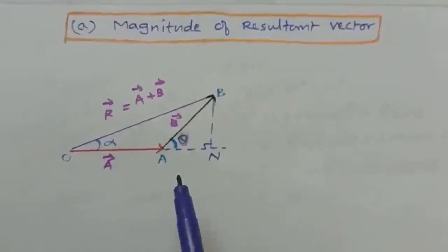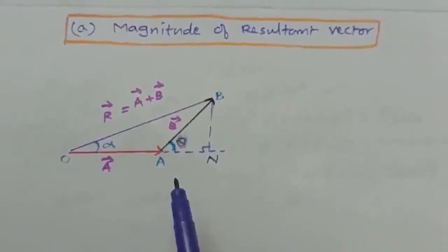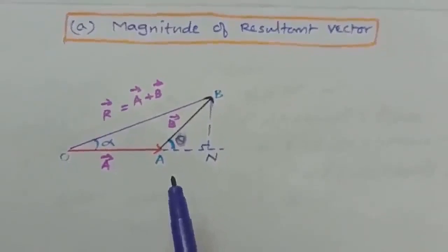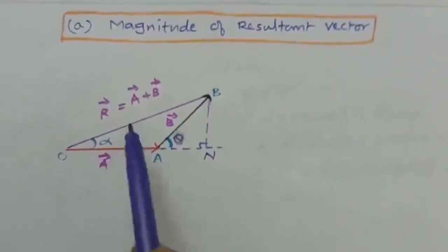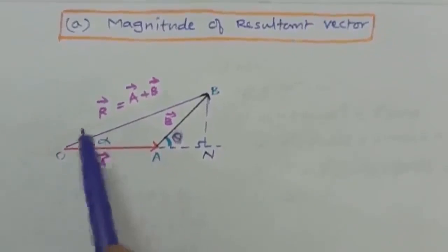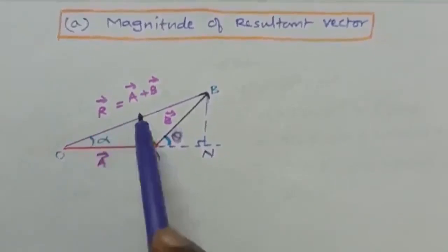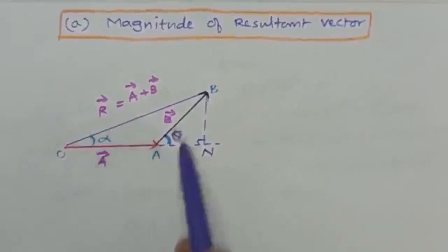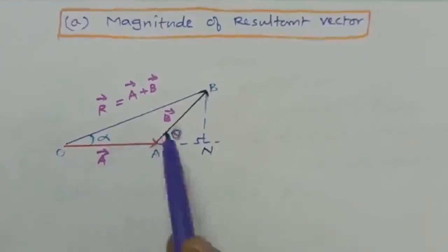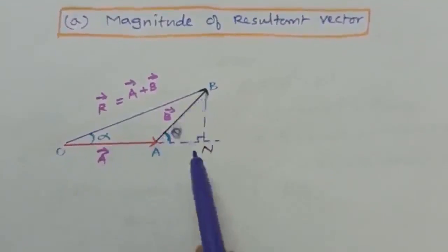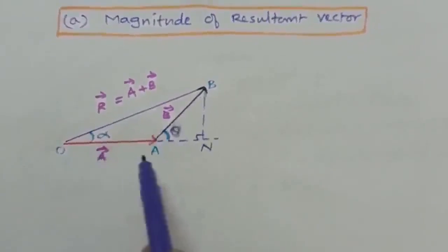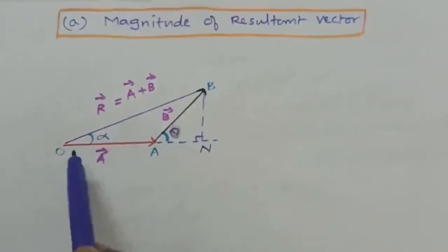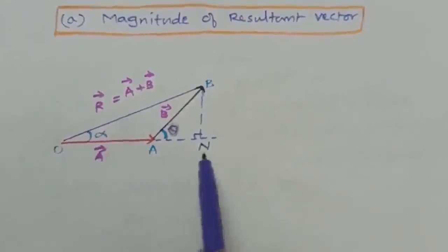To find the magnitude and direction of the resultant vector, the magnitude and angle of the resultant vector are determined from the diagram. Consider the triangle ABN, which is obtained by extending the side OA to ON.